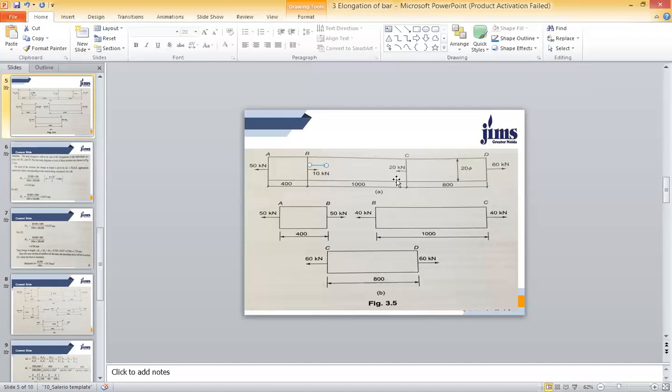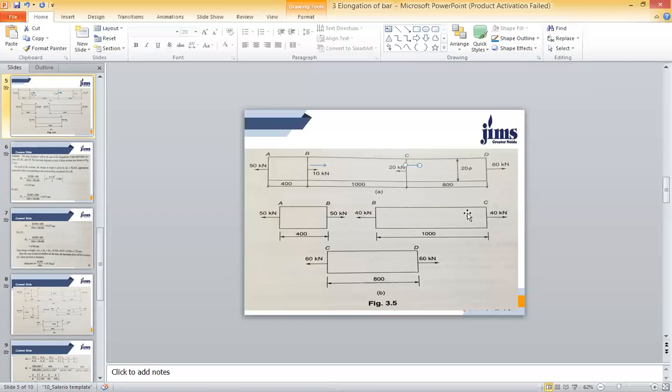Now in BC bar, once again, if this one is 40 kilonewton, I have to change this 20 kilonewton into 40 kilonewton in positive x direction. So I apply 40 kilonewton load in positive x direction as well as 40 kilonewton load in negative x direction.